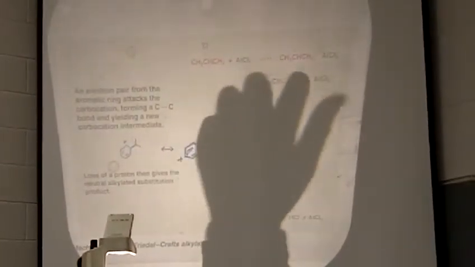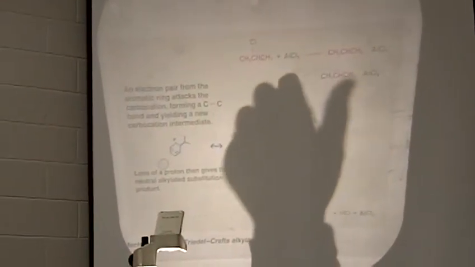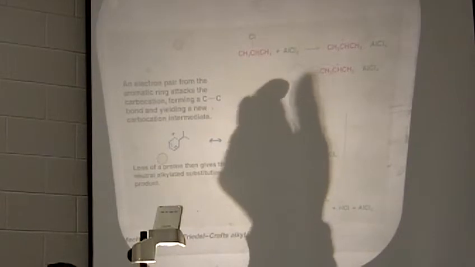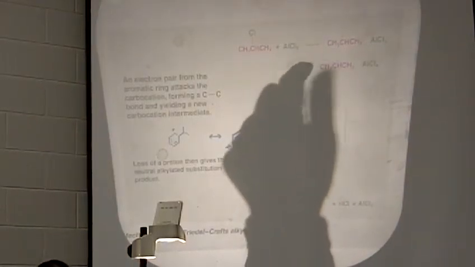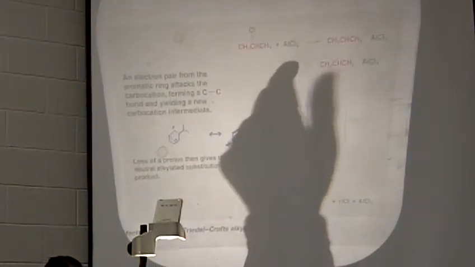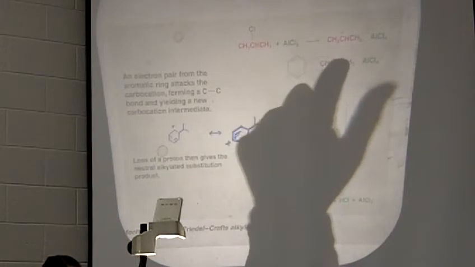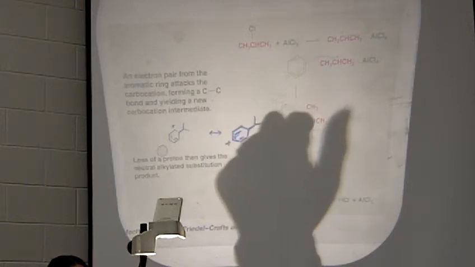It can react with our aromatic ring. We've got our electron density that's going to, so remember the way we draw mechanism arrows, the density is going from the aromatic ring to our carbocation. And so then we get this carbocation that then is attached to our aromatic ring.